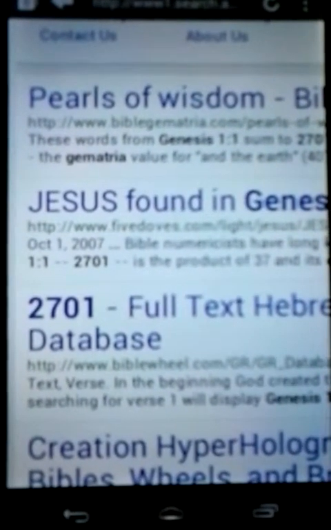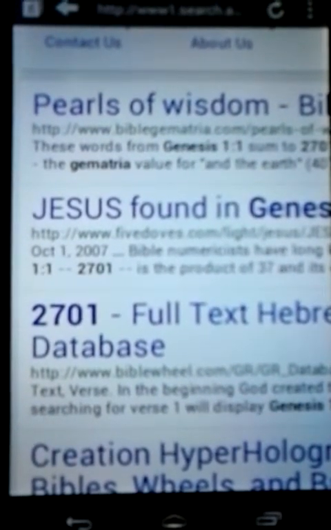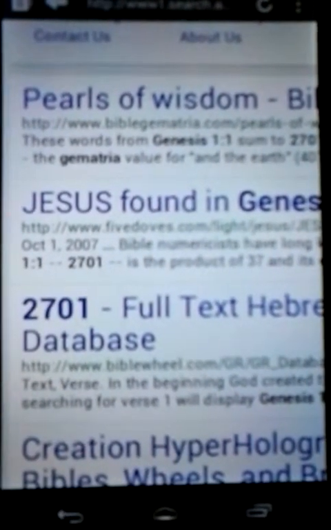Finite number. You see, the fourth time is multiplied. We can make out the numbers 1720, which is comprising the numbers 2701 that make up the first verse of Genesis chapter 1 verse 1.